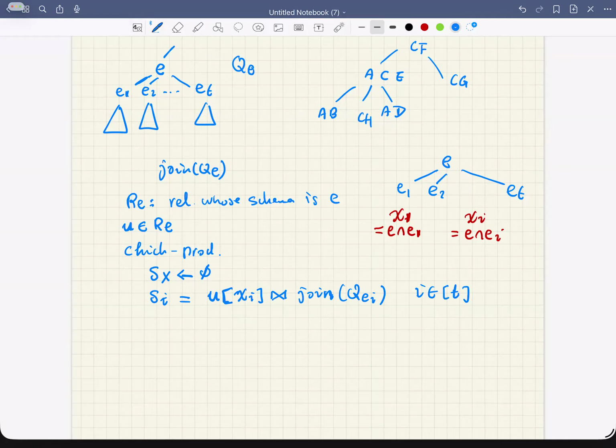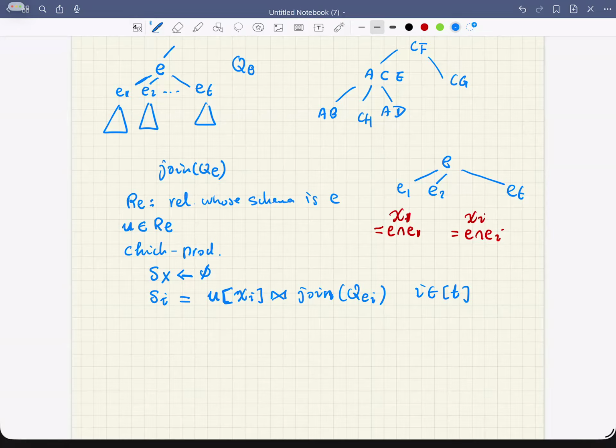So what is happening? First of all, this part, even though it's a bit long, I think it should be perfectly understandable. This is just the result of the subjoin for the child E_i.